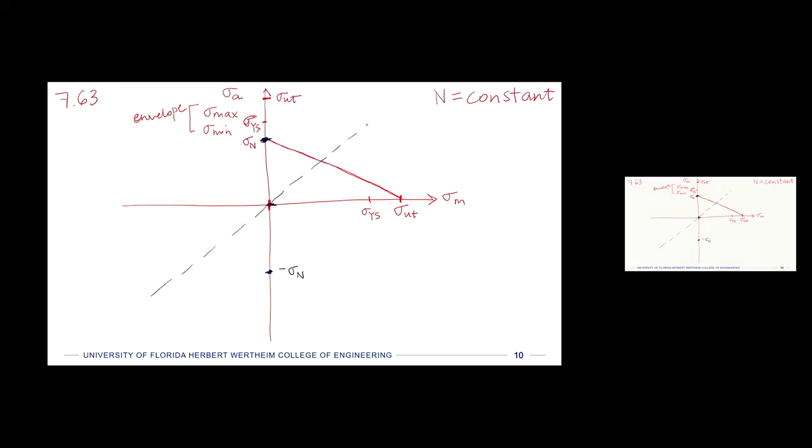That's our 1-to-1 line, our sigma mean line for the window. If our mean stress goes up, then our sigma max and sigma min go up as well, and they follow a window around that line.